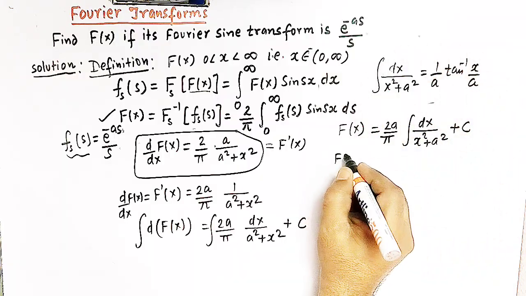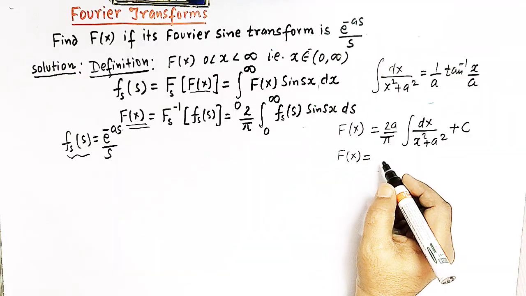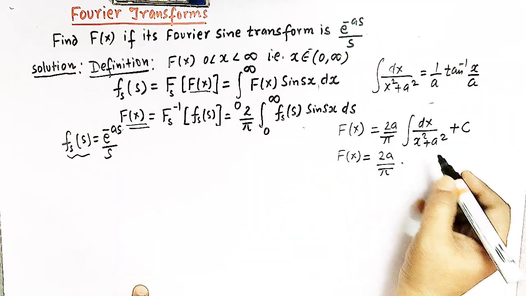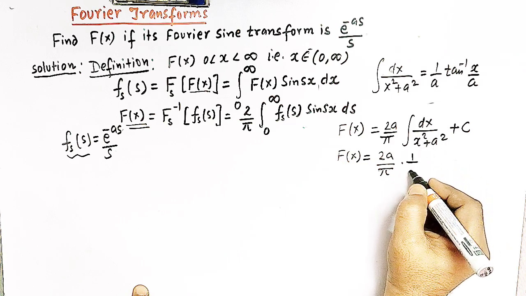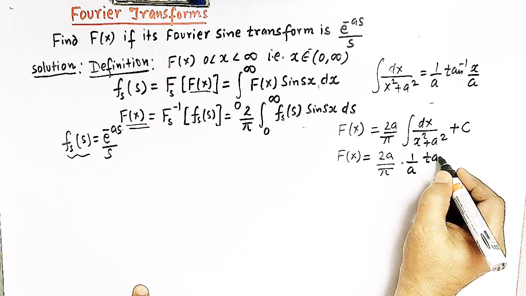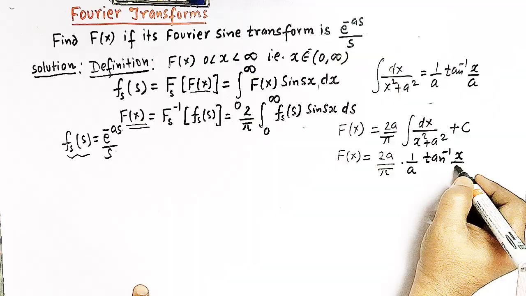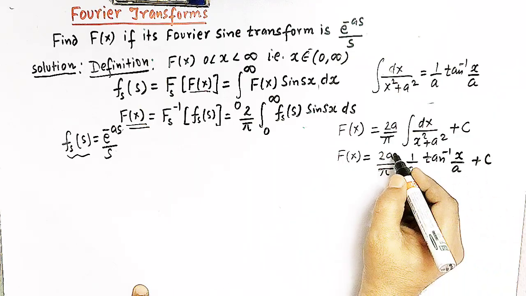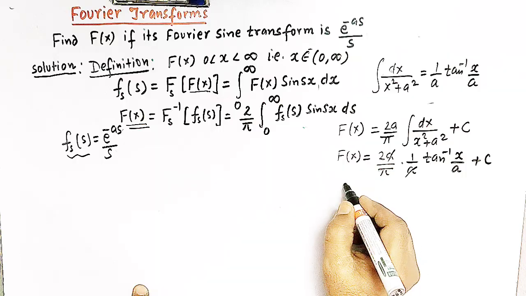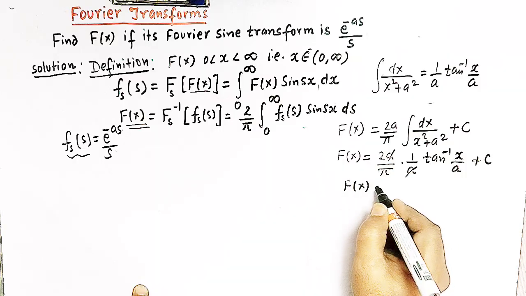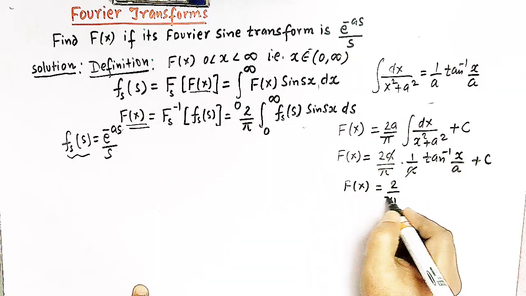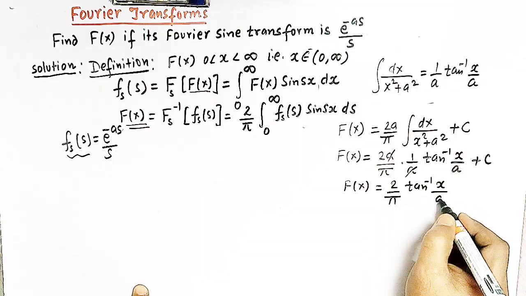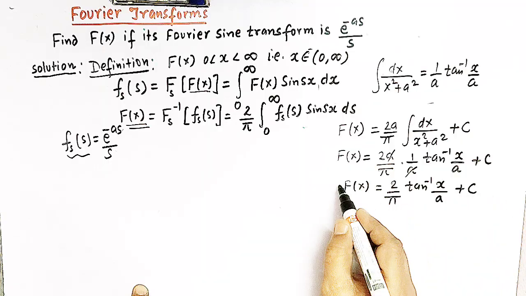So here we have f of x equal to 2a over pi, and here we have 1 over a tan inverse x over a plus c, where c is the constant of integration. So here a and a get cancelled, so we have f of x is equal to 2 over pi, and here we have tan inverse x over a plus c, right?